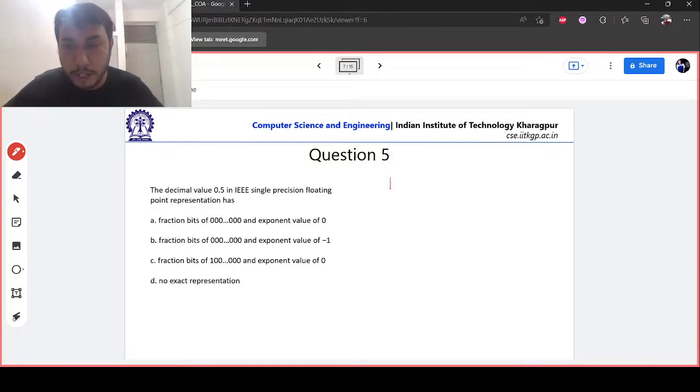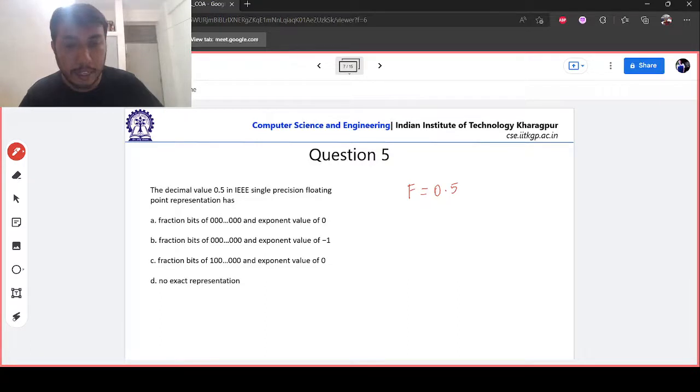The decimal number given here is 0.5. So how will we write this?